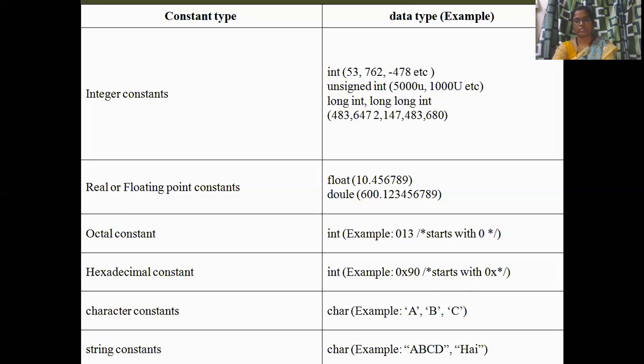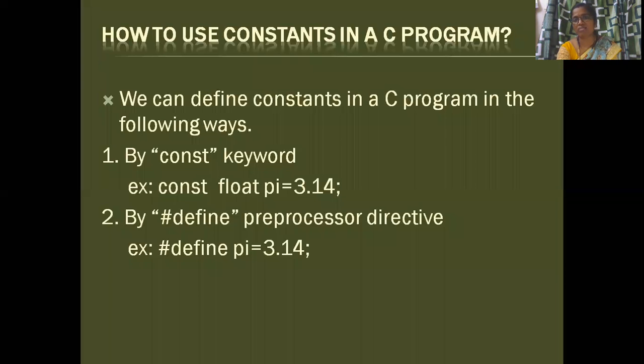Okay. So next, how to use constants in your program. There are two ways to use constants in your program. One is the way which I have explained right now, using the const keyword. At the part of declaration itself, you declare the variable as const with the data type and the variable name.